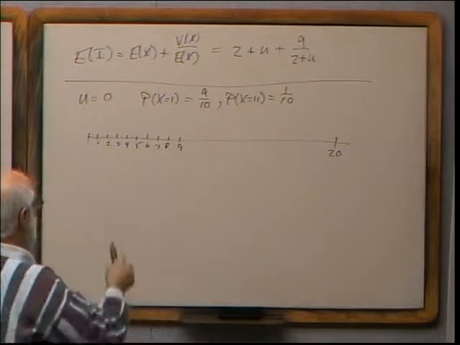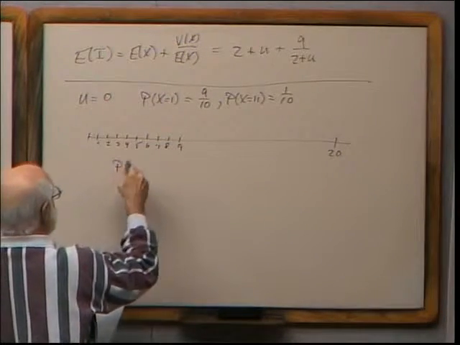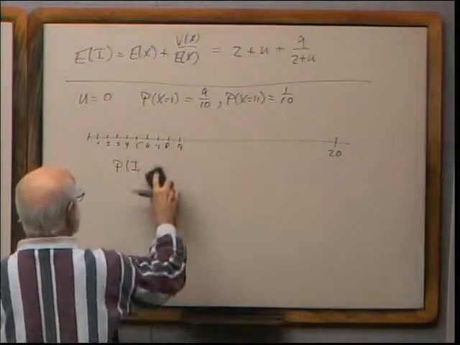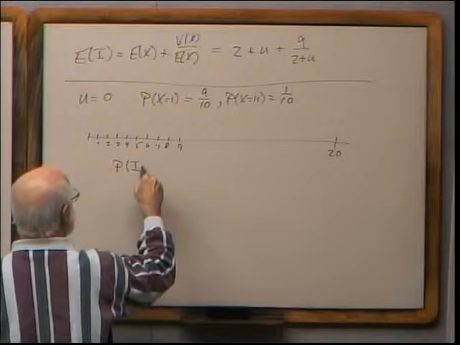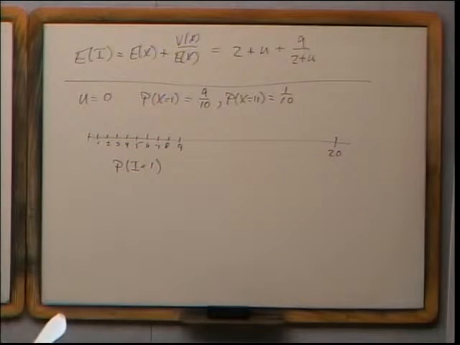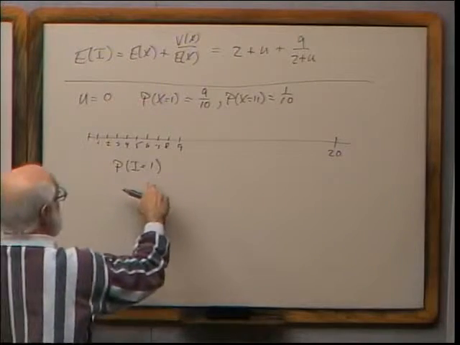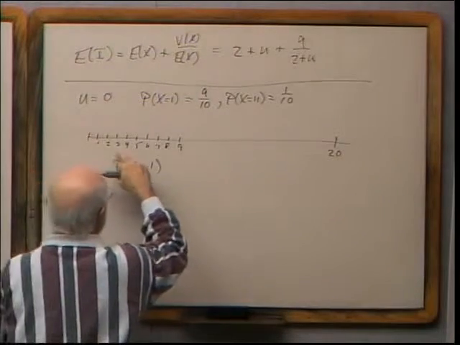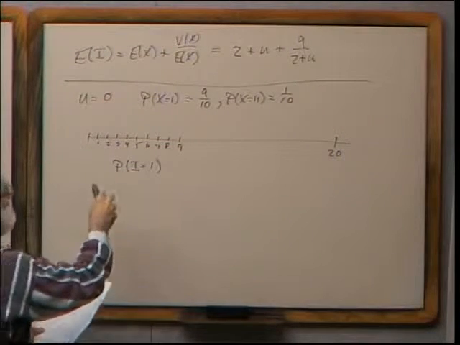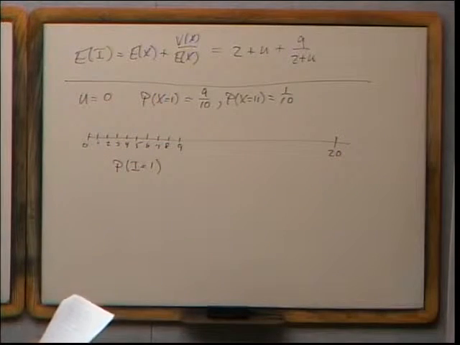Now, what's the probability that the interrupted interval I is equal to 1? The interrupted interval is one of the x's, so it must either be 1 or 11. What's the probability that it's 1? Well, here are the intervals in the proper frequency. Now all I'm going to do is pick a point at random between 0 and 20 and see what kind of interval I intercept.